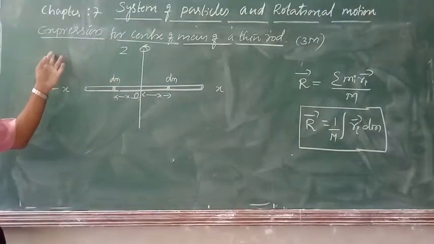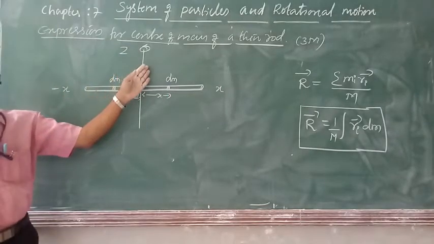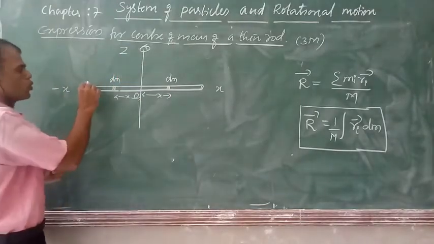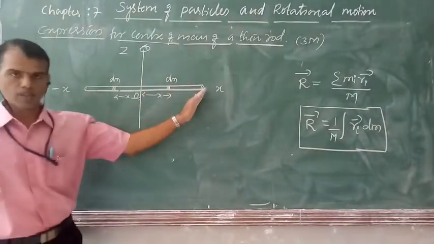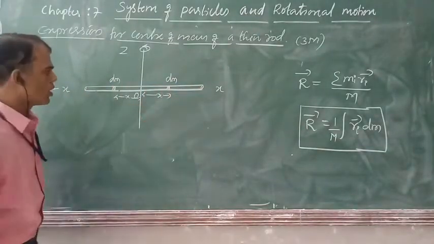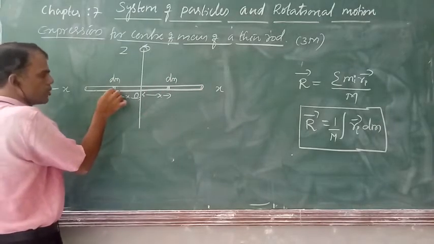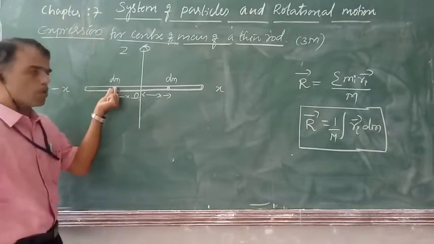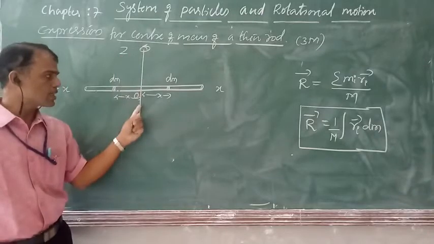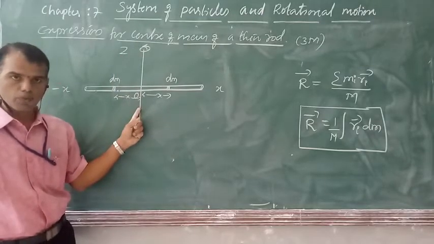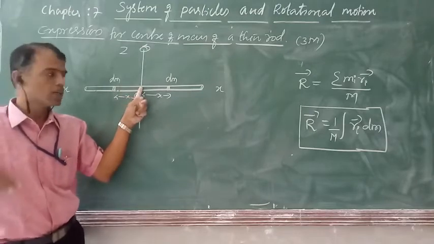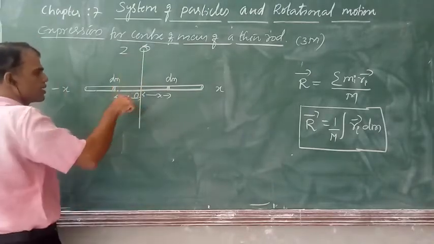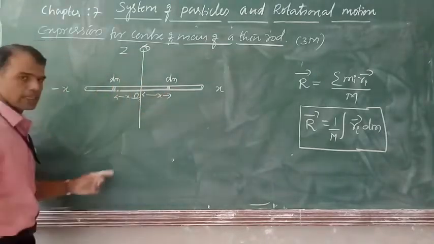So consider a rigid thin rod whose width is very small compared to its length. Let dm be the small mass on either side of the axis of rotation, where this axis of rotation is passing through the center along its length.